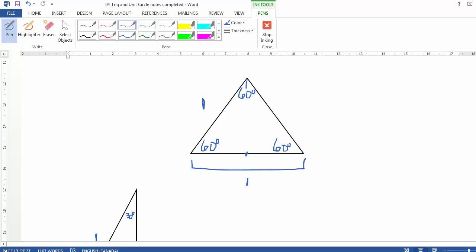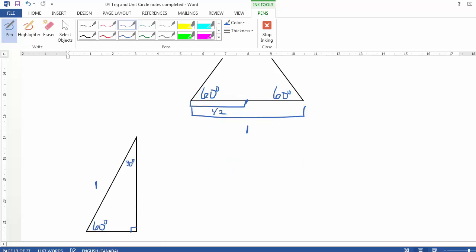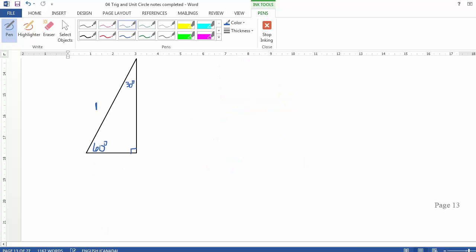So just this portion here would be a half. So over on our 60-30 triangle now, I'll label this as a half. And let's figure out what is this other side here. We'll put an x for that.